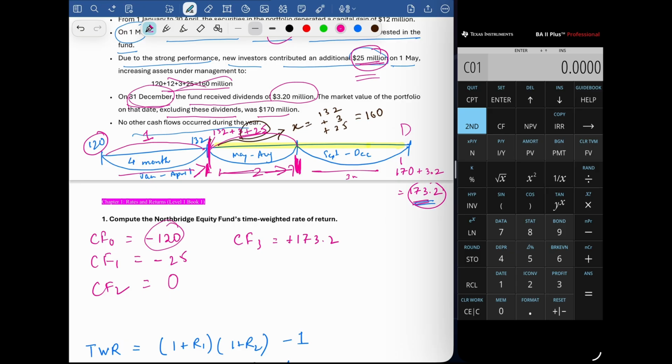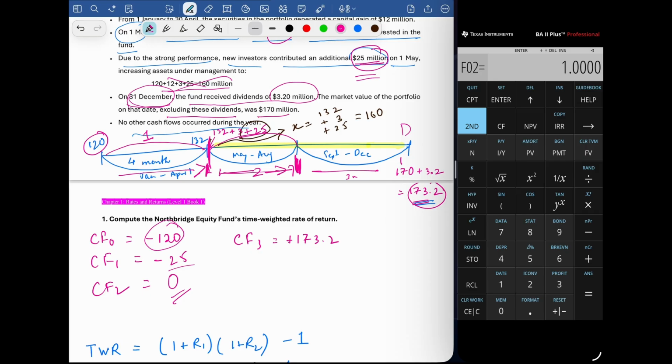Since it is showing 0, now we'll enter cash flow 1, that is minus 35. Enter. It's appearing minus 35. Now down button. Then CF2 is how much? 0. I'll enter 0, enter, down button.